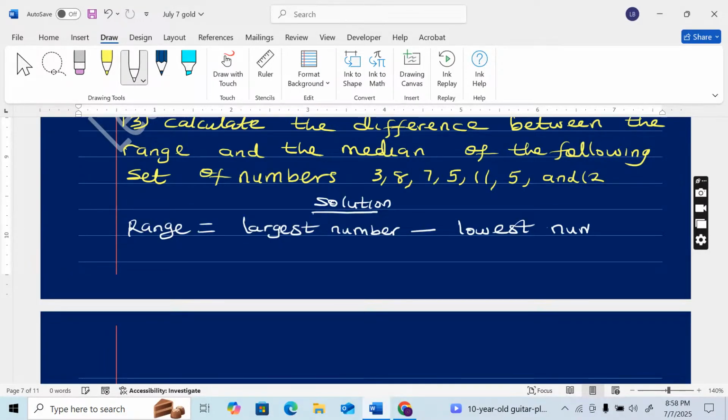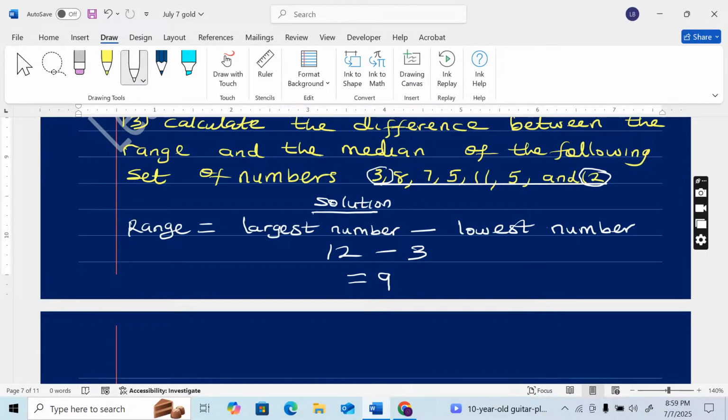Among these numbers, the largest is 12 while the lowest is 3. So we do 12 minus 3, and that gives 9.